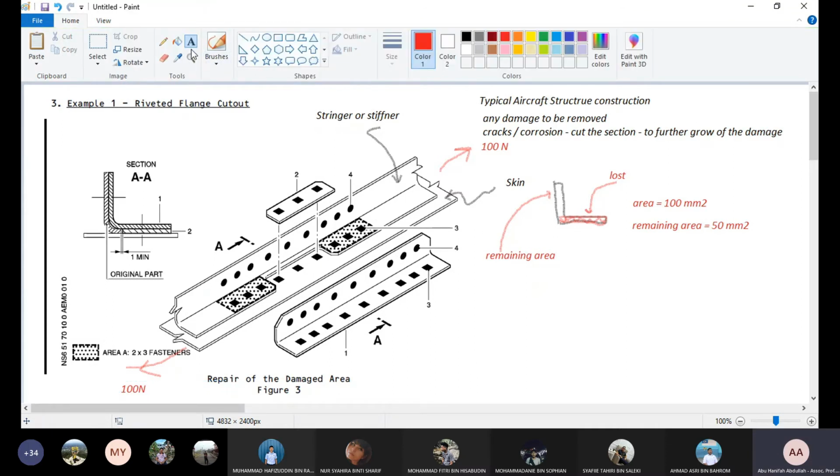So the stress, sigma, is force or load over cross section area. So initially it has 100 over 100 millimeter square. You have 1.